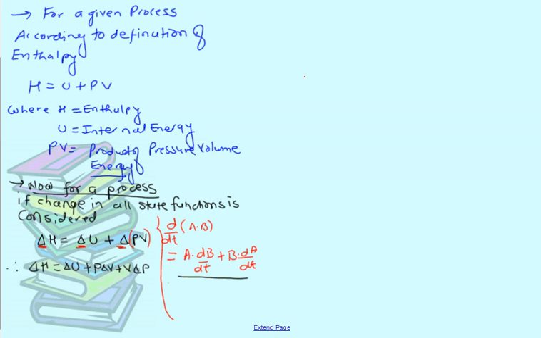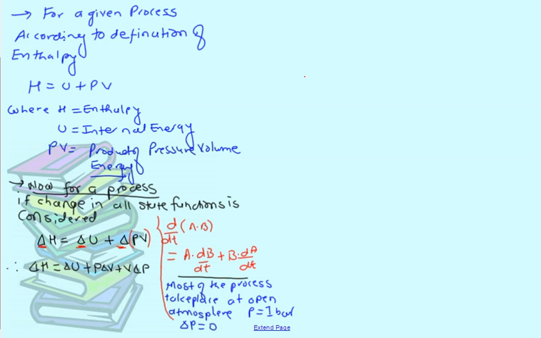We also know most processes take place in the open atmosphere. In short, pressure equals 1 bar. In another way, there is no change in pressure, that means delta P equals 0.